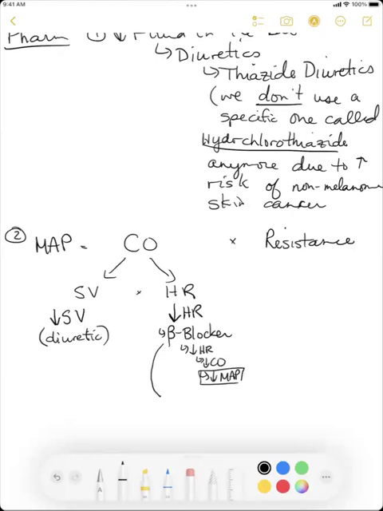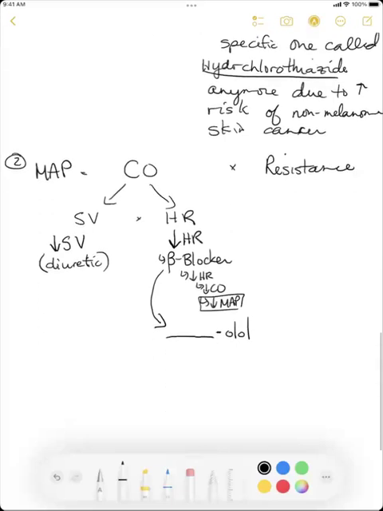You can always recognize beta blockers because their generic names all have a very similar suffix. So there'll be something with the suffix -olol. So examples of a beta blocker would be bisoprolol, metoprolol, atenolol.